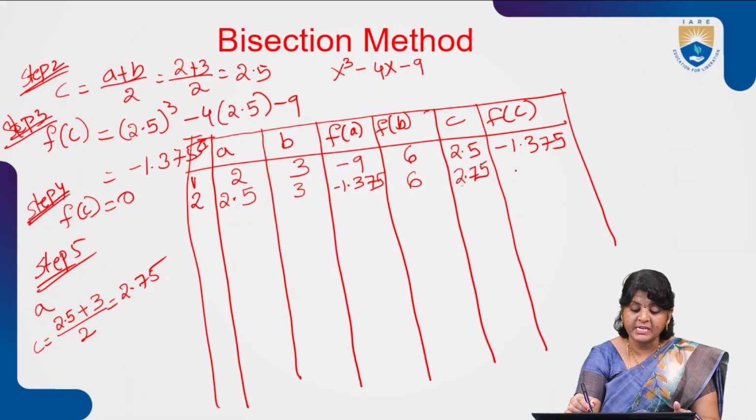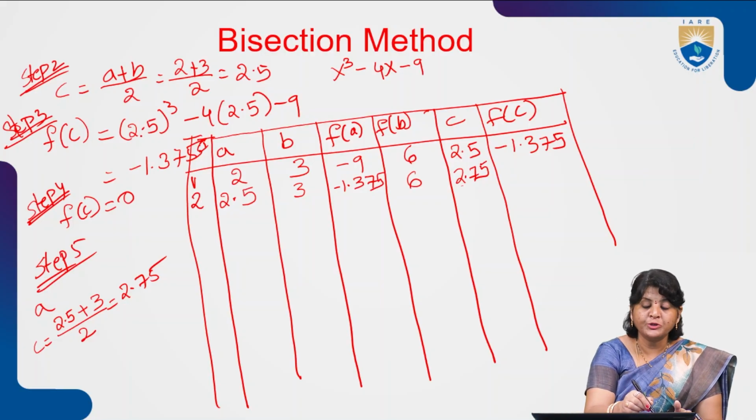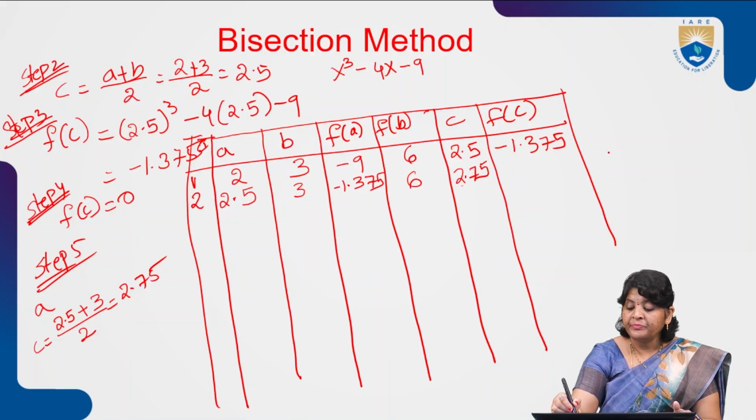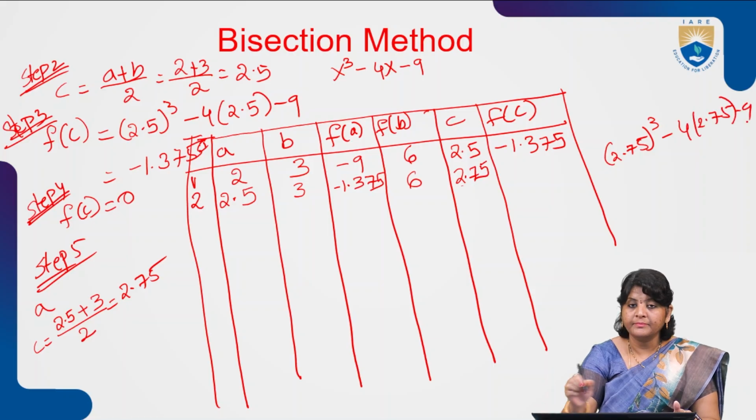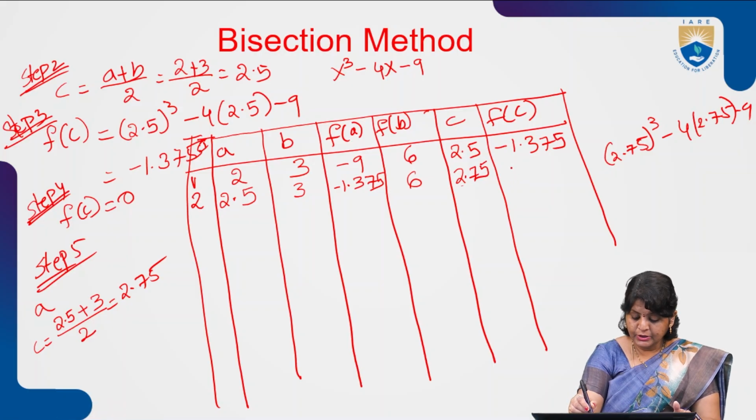And what is f of C? Just as you substituted here, we need to substitute 2.75 whole cube minus 4 into 2.75 minus 9. If we do this, then we will get 2.328, a positive value.